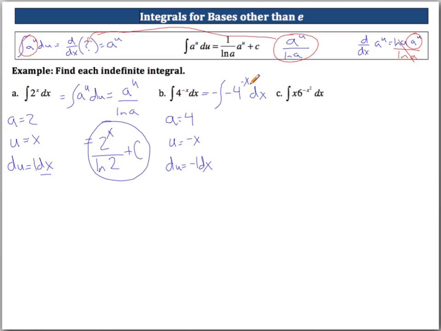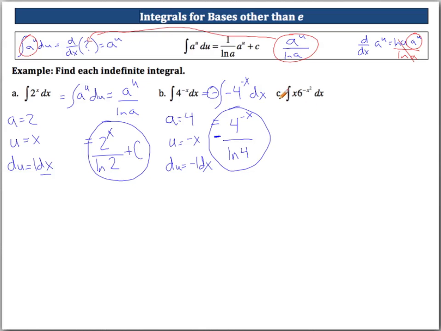And now I have a to the u du. So our final answer here is 4 to the negative x, so a to the u, over the natural log of a, which is the natural log of 4, and then don't forget that negative that was out in front needs to continue there with us. So this is the negative of 4 to the negative x over the natural log of 4.